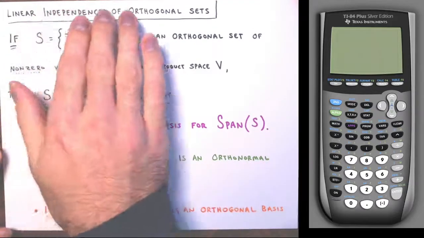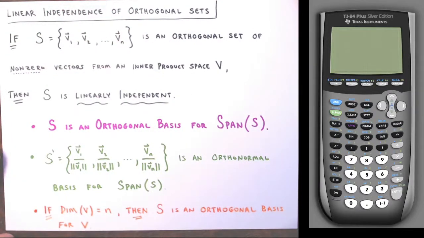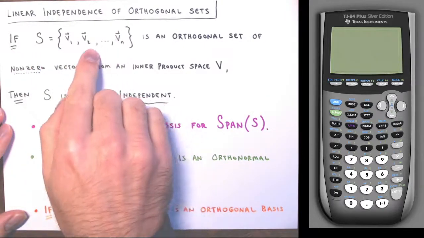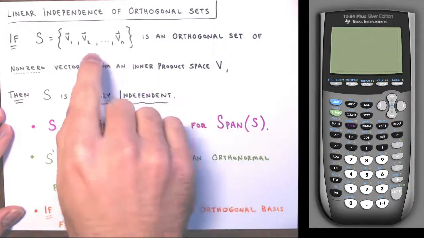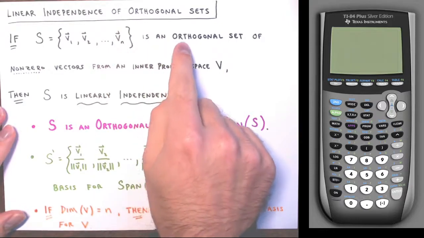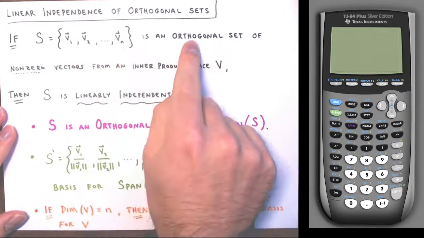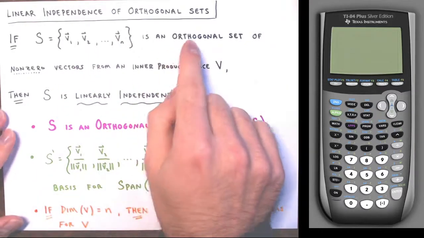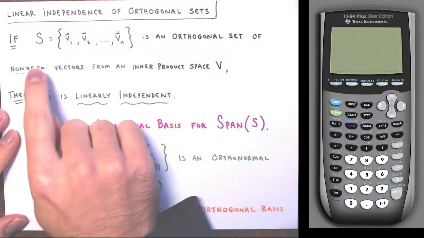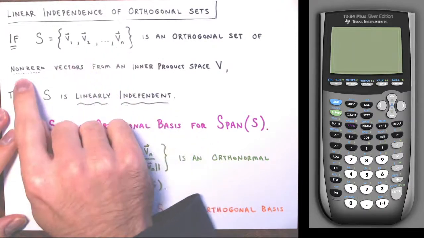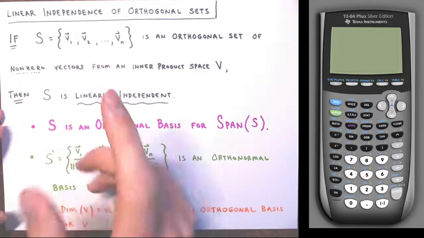So this is the relationship between orthogonal sets and linear independence. This first statement: if I have a set of vectors from some inner product space V, and the set is an orthogonal set, meaning every pair of vectors has an inner product of 0, and if S is an orthogonal set of non-zero vectors, so all these V1 through Vn that I've got here are non-zero, then the set will be linearly independent.